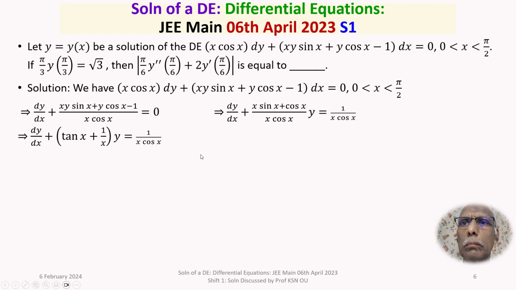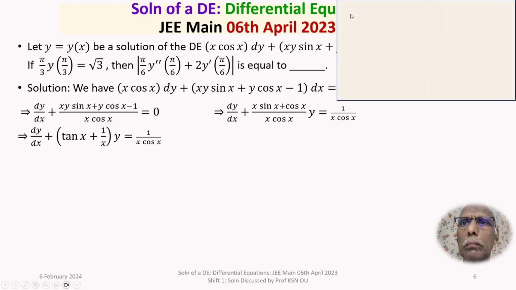We have put it in a recognizable form, that is a linear differential equation of the form dy/dx + p(x) y = q(x). In our case, p(x) is tan x + 1/x, and q(x) is 1/(x cos x).